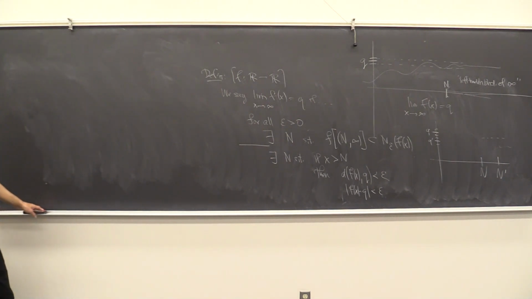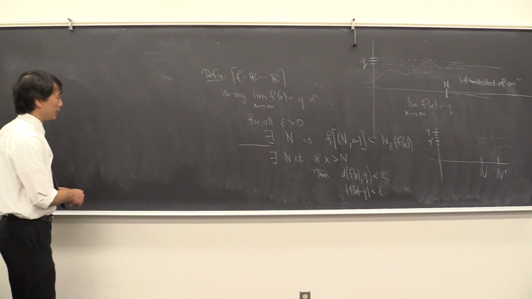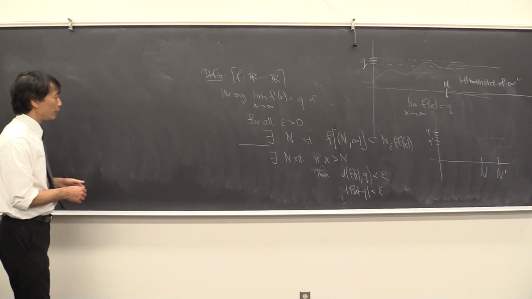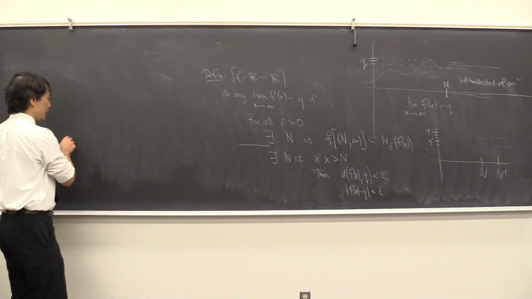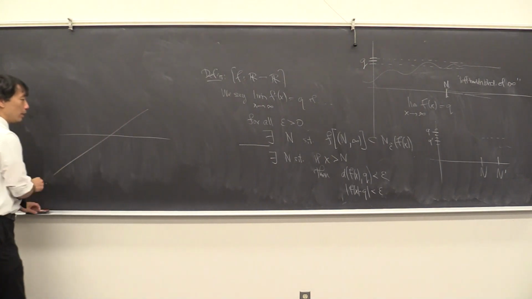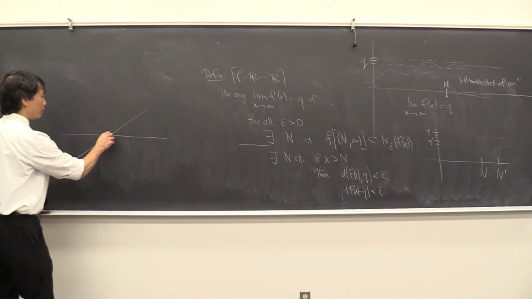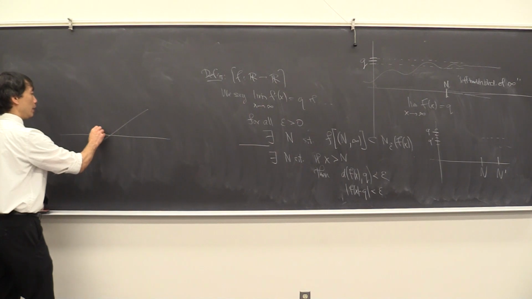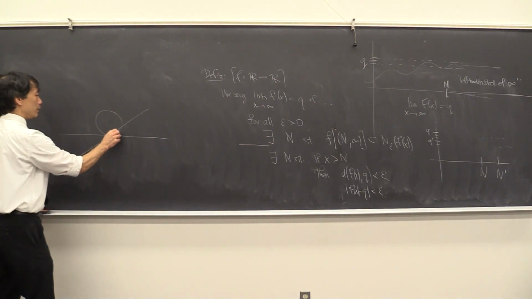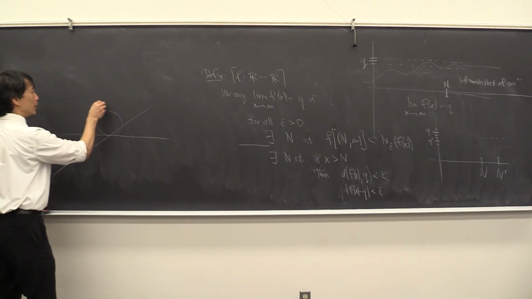We have a minute, so let me just mention that in complex analysis, there's actually a very concrete notion of infinity. What you do is you take the complex plane and identify it with a sphere. You let the sphere sit at the origin, and you do something called stereographic projection.